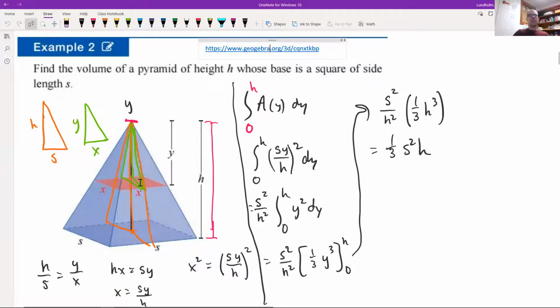Yeah, so awesome. We found the volume of a pyramid, again, using cross sections. Now, what was key in order to be able to orient ourselves to this? I think one of them was we needed to imagine an axis and moving along an axis. So since this was oriented vertically, I just chose the y-axis.